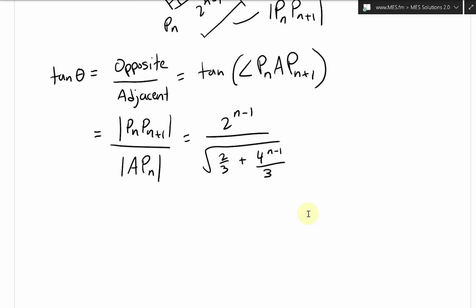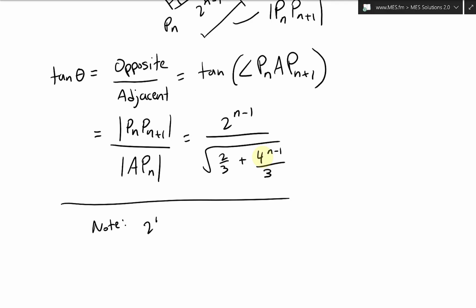And now we're going to take a limit and so on. But before we even do that, let's just do this first. I'm going to write this in the form of this 4 to the n minus 1. So note right here, 2 to the n minus 1. So this part right here, simple, just rewrite it out.